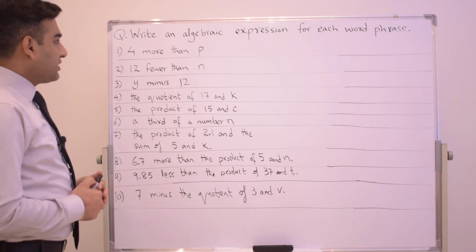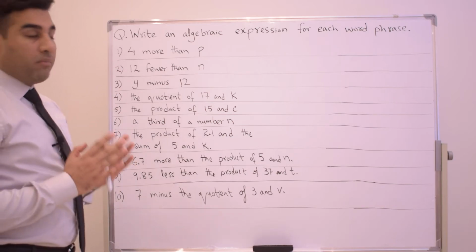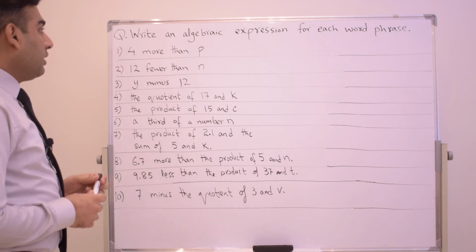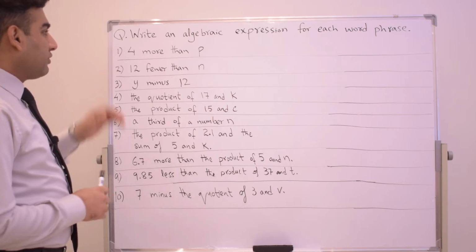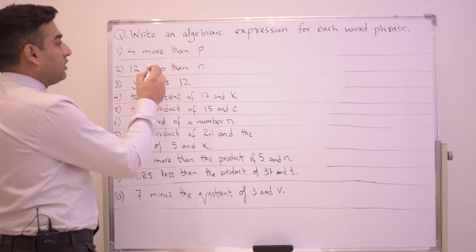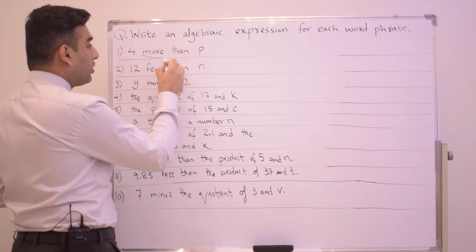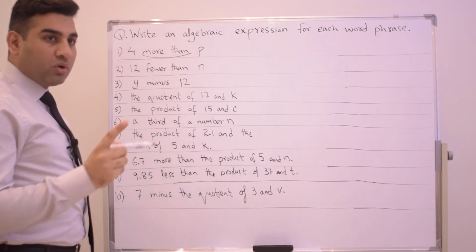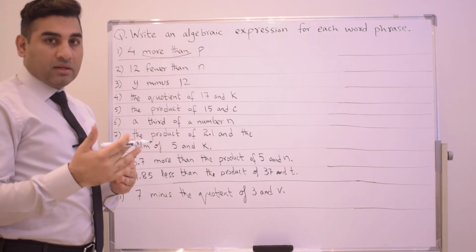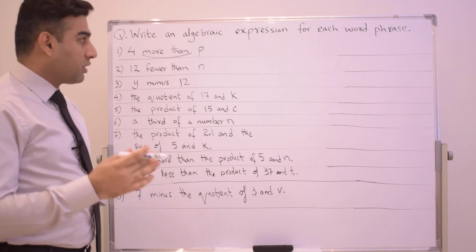So guys, I have a first word phrase: 4 more than p. You have to take care about this: whenever you get the words more than or plus, they are the same thing.